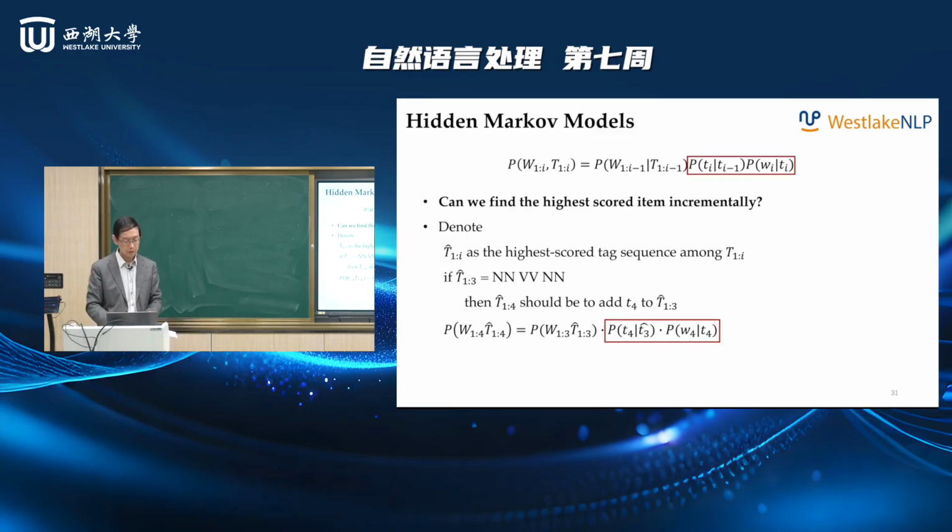So all we did is summarize this into an incremental part, and at every incremental step, we have the emission and transition, and then the previous sequence. Now my question comes. If you want to find the highest scored sequence until location i, is it enough if you just find the highest scored sequence until i-1?